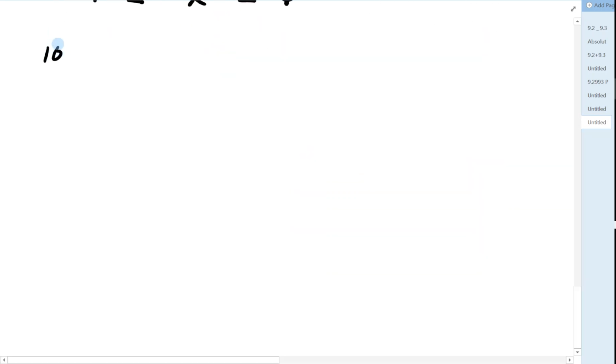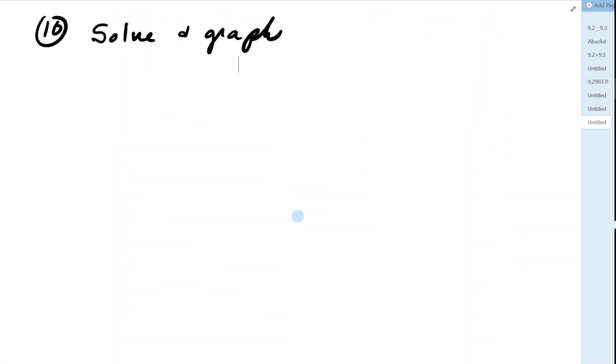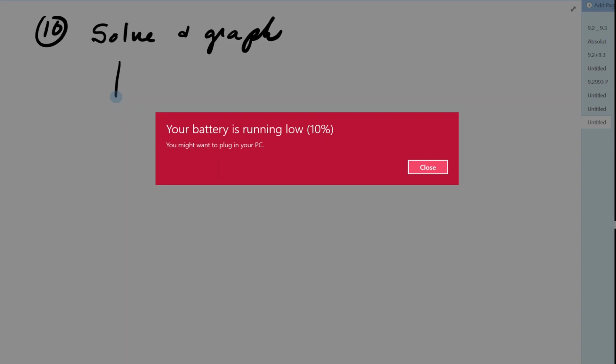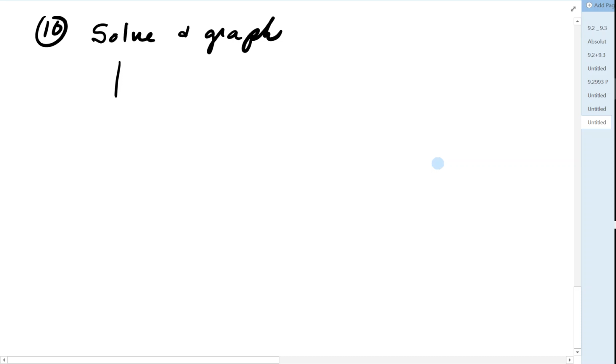All right, number 10, solve and graph. I'm going to solve and graph absolute value 5x minus 5, close absolute value, less than -30.